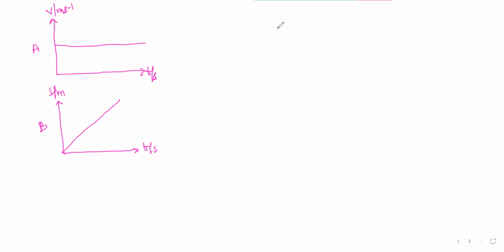Anybody? Evans Owusu Techi. Sir, please, with the graph B, the body is accelerating. But with the graph A, it's in a uniform motion. Evans, I won't buy it.